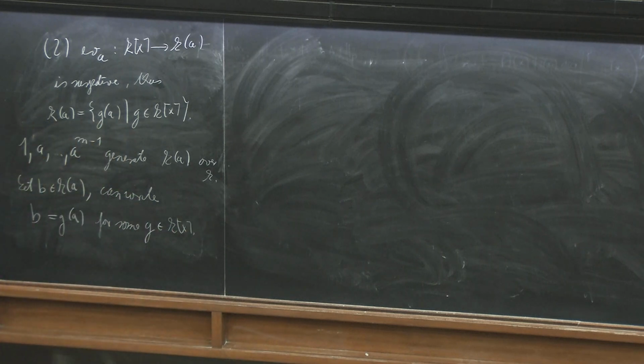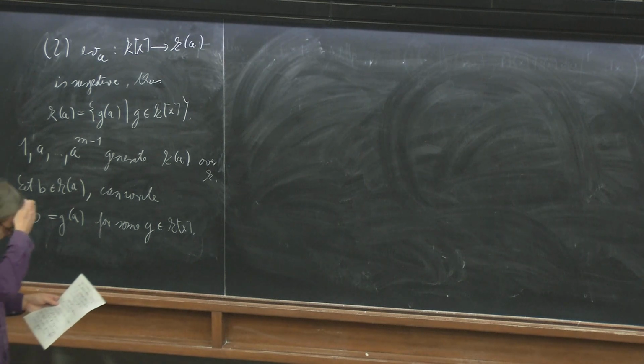And now, how do we proceed? We make division with rest by the minimal polynomial to see that B can also be written as r(A) for some polynomial of degree smaller than m. And that will give us the statement.